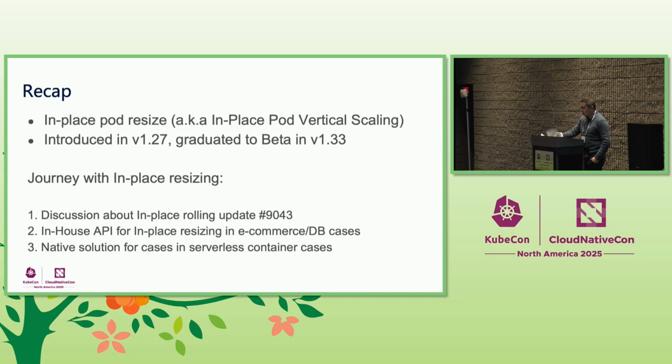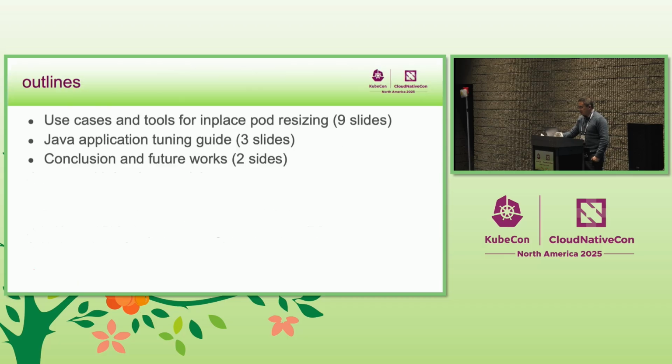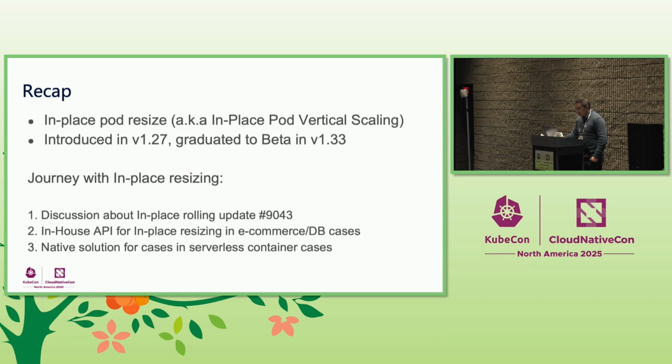Before the native resizing API, in Alibaba we took a quite programmatic method and implemented an in-house API for in-place resource resizing. It is used for emergency scaling in the grid promotion. The grid promotion is quite similar to Black Friday, but in China, and it has much larger traffic.